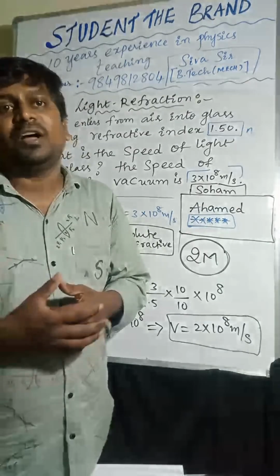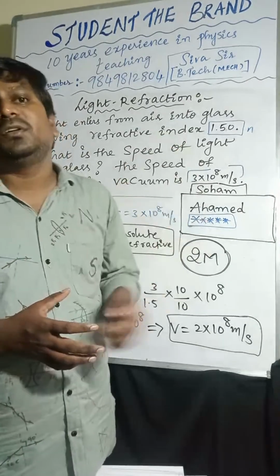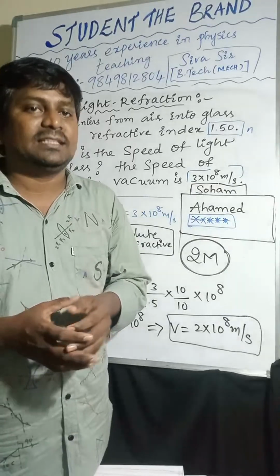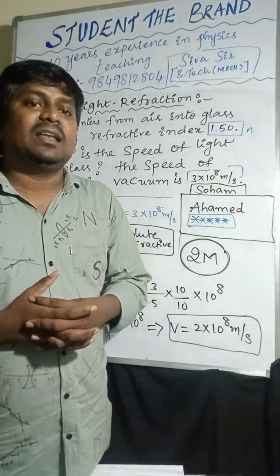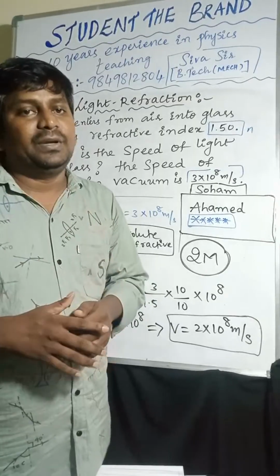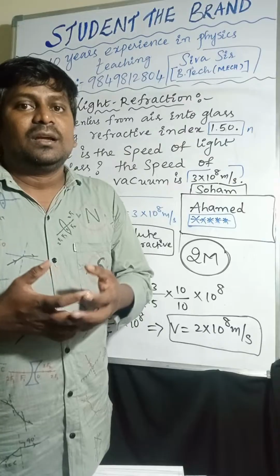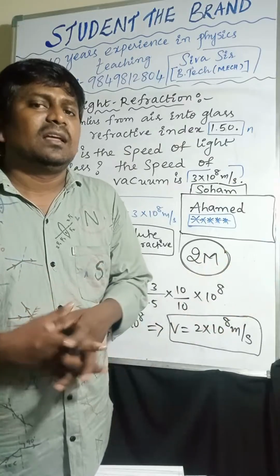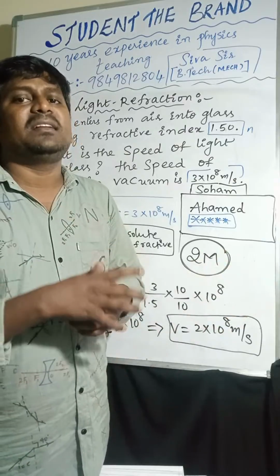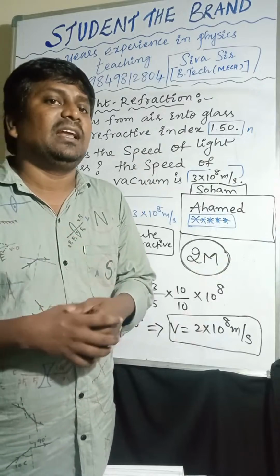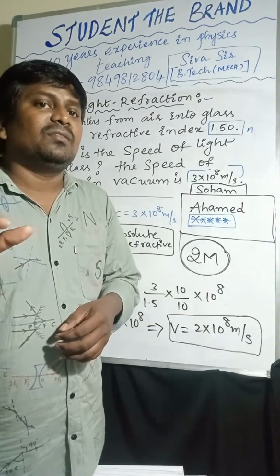Distance positive above the principal axis. Distance negative below the principal axis. New Cartesian sign convention.